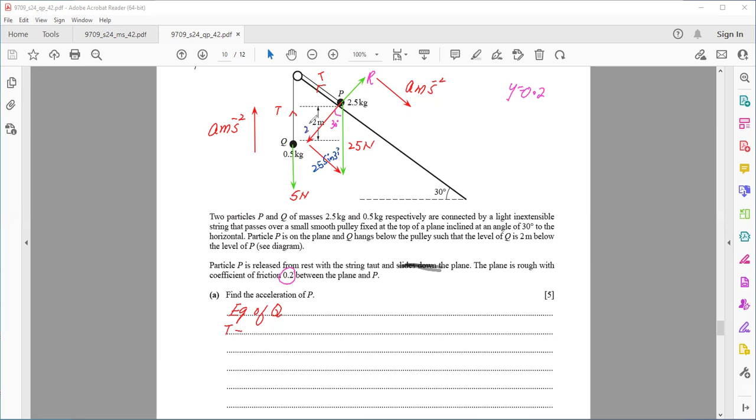That component is 25 cos of 30 degrees. So for particle Q, we have T minus the opposite force 5 is equal to MA. Mass of the particle Q is 0.5 and a stays as it is. Now you have to make the equation of P. There are two equations; when we equalize the terms, I will get this one.